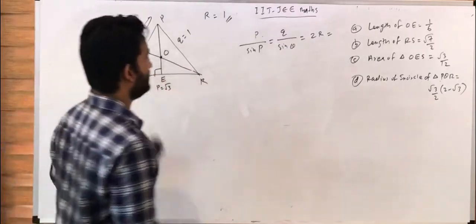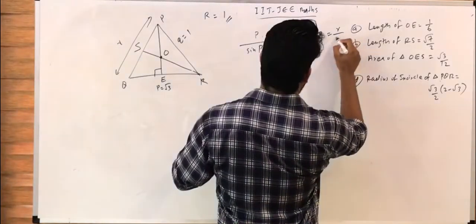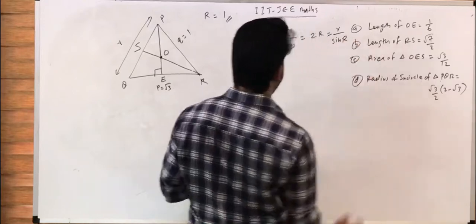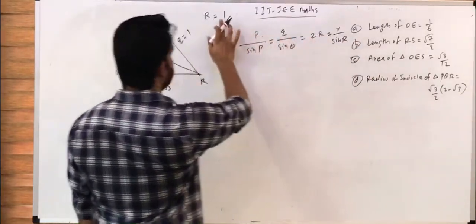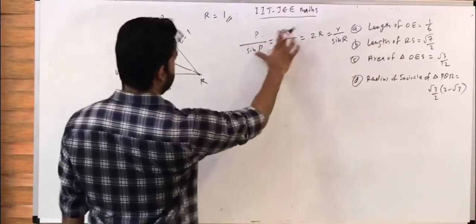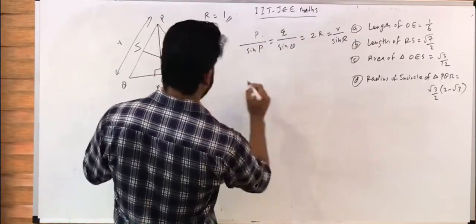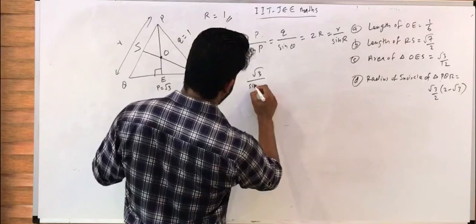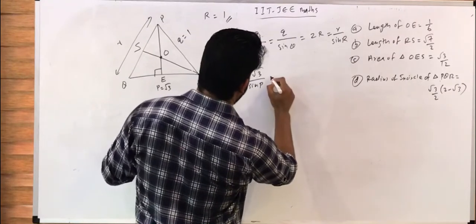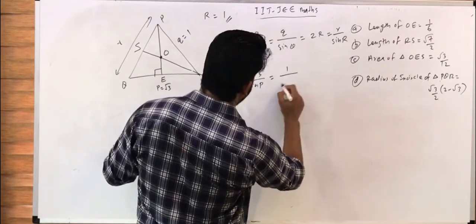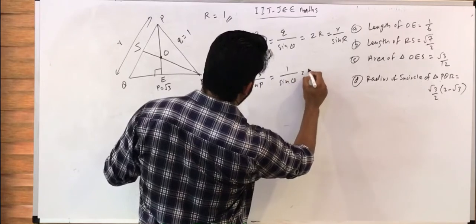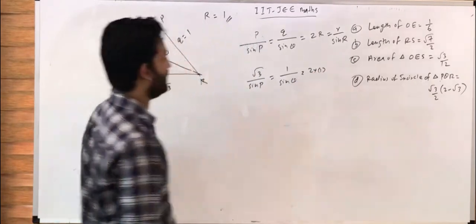Here r is given as 1 and p is given as root 3. So if we substitute, root 3 divided by sine p is equal to 1 divided by sine q is equal to 2 into 1.